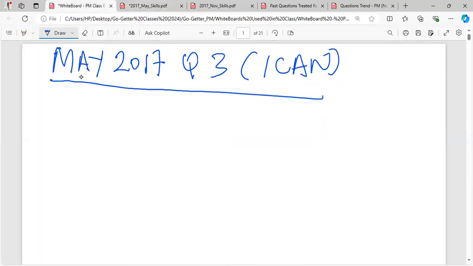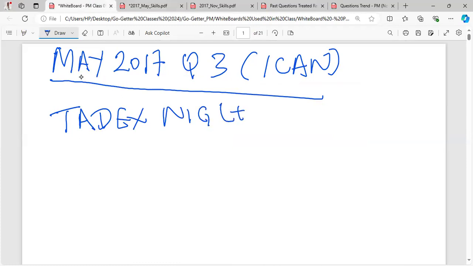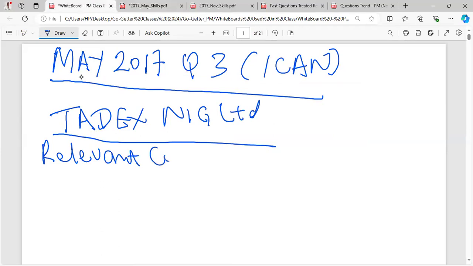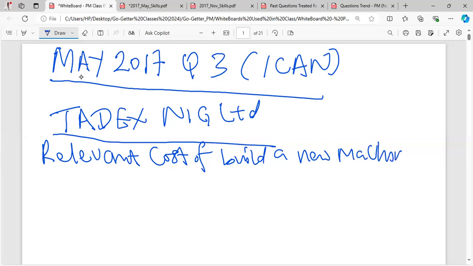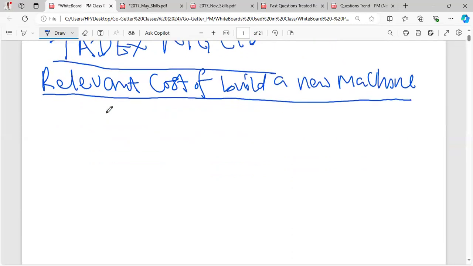So we'll come here and say Tadex Nigeria Limited, relevant costs of building a new machine. So we are looking at the relevant costs. We are going to be looking at the costs and putting the reasons.